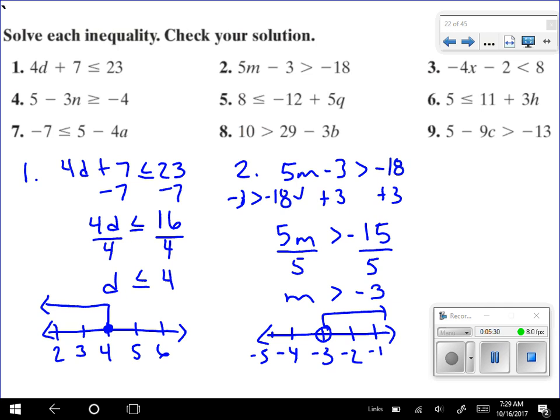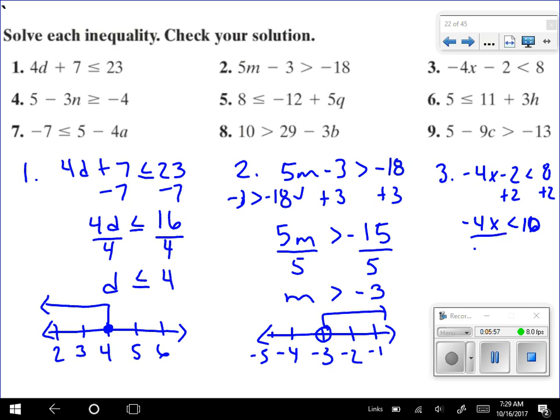All right, number 3 is an important one for us. Negative 4x minus 2 is less than 8. So we're going to add 2 to both sides like we've been doing. We're working with that addition and subtraction. We have negative 4x is less than 6. No, 10. Goodness, can't add this morning.